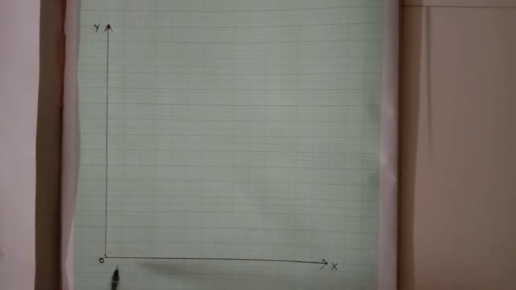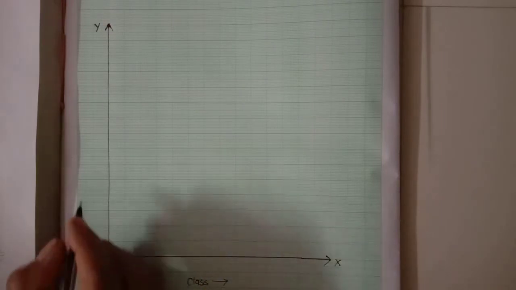So students, now on the x-axis we will take class and on the y-axis we will take number of children. So on the x-axis what will we write? We will write class here. And on the y-axis what will we take? We will take number of children.